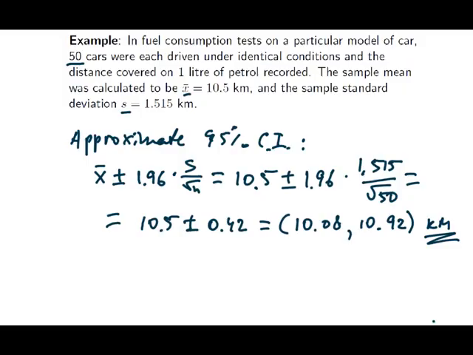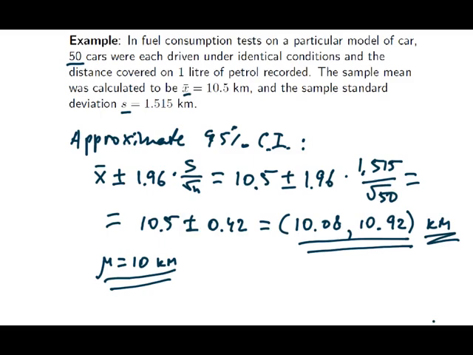Quite a common problem associated with confidence intervals is evaluating hypotheses. If someone, for example, says that mu should be equal to 10 kilometers, whether we would believe it or not, whether we can say that our data, that our confidence interval supports this hypothesis that mu equals 10 kilometers or not.